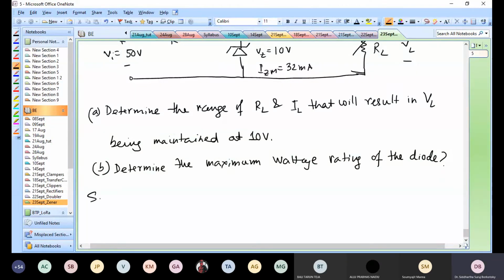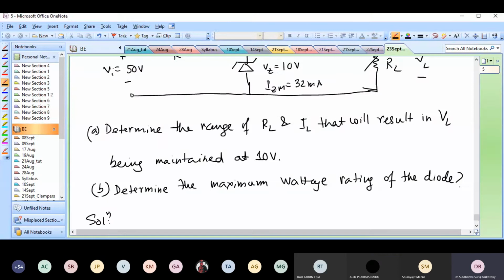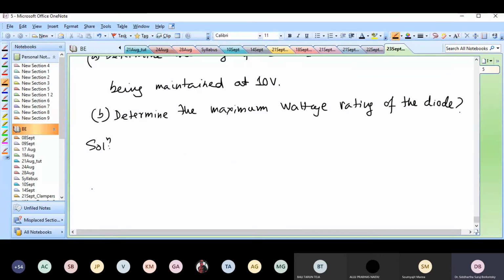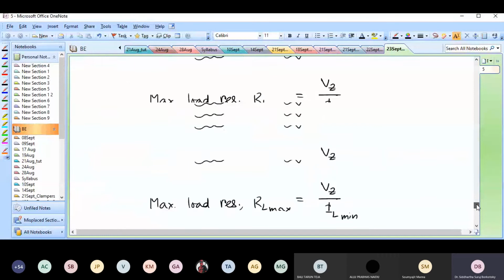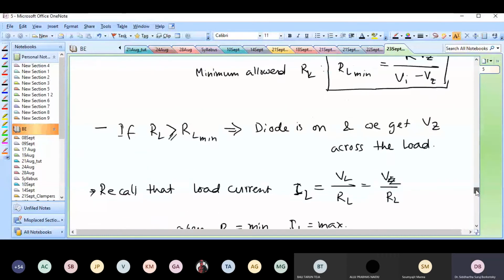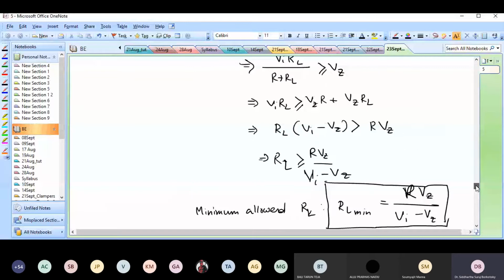What about part A? Part A is exactly the same as whatever we have discussed so far. So RL minimum. What is the minimum value of RL? We found out a little while back that it had a formula. You could always derive it again, which is very simple: RL min equals R Vz over VI minus Vz.